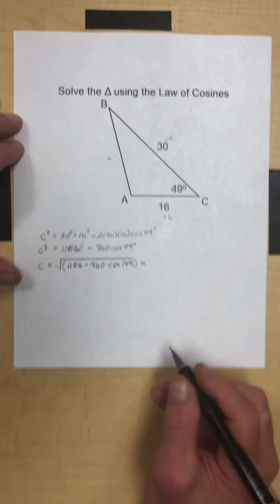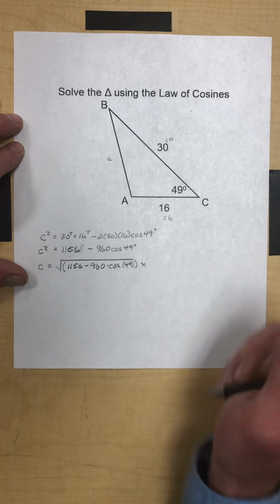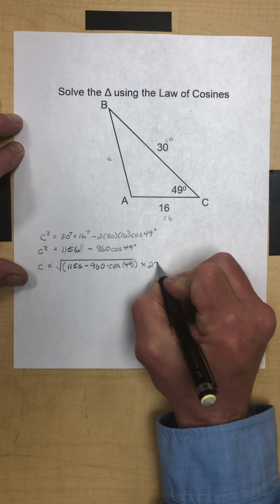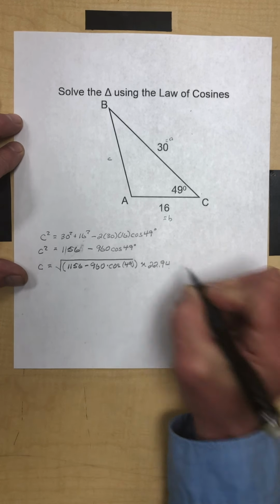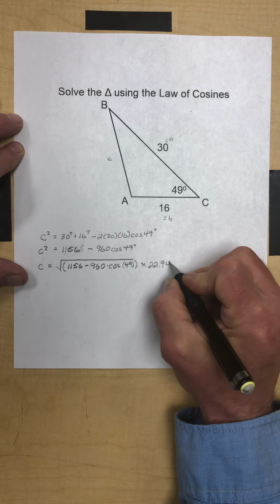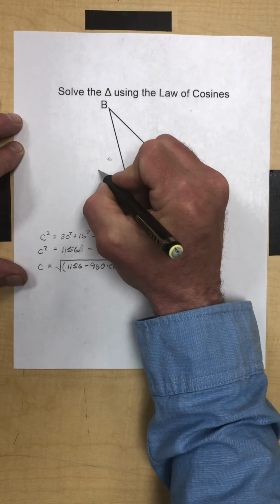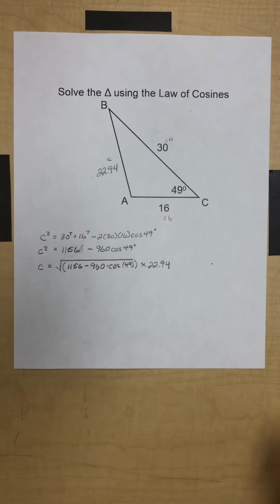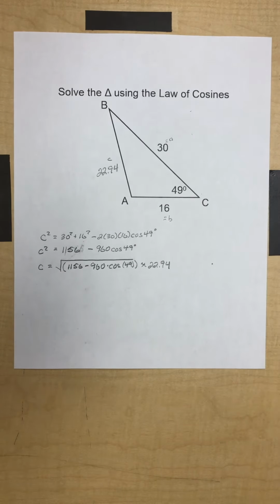And we round off to the nearest hundredth. Okay, so I'm getting roughly 22.94. So this guy is roughly 22.94.